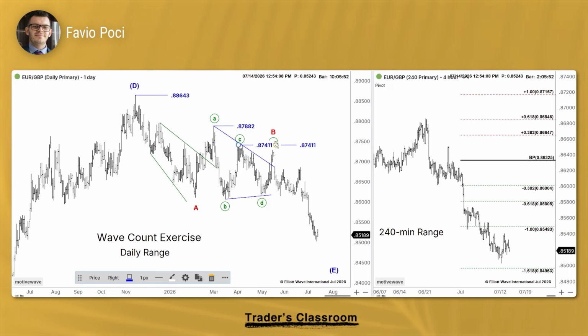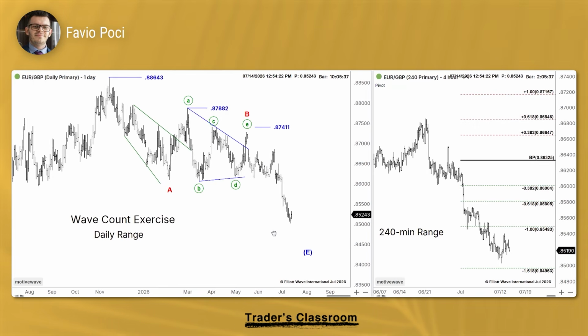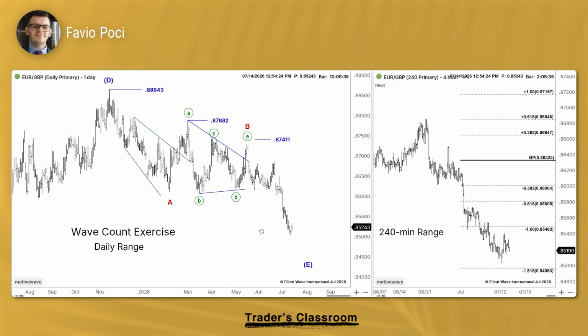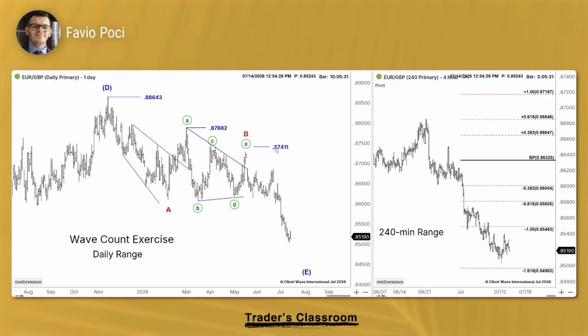So we saw the reversal there, and as you see, we gap lower in Forex. I don't know why the broker here still has the gap, but we got an overnight sell-off immediately. And there you have it. Now it's becoming quite evident, quite clear that we are thrusting down in C wave from 87.41.